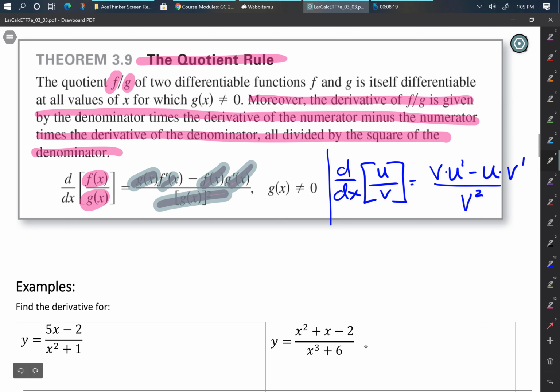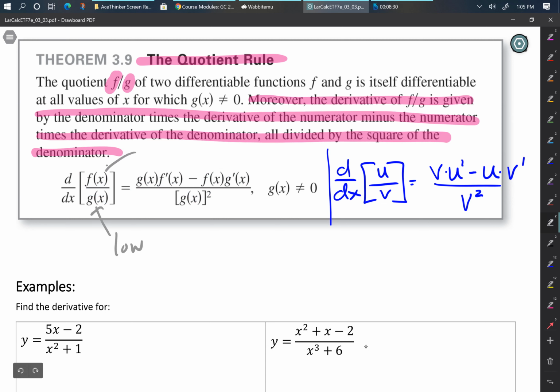Now you might be going, what? All right. Instead of thinking of this as top and bottom, think of this as low. Think of this as high. And then it's low d high minus high d low over the square of what's below. And once you learn that, you could never forget the quotient rule.